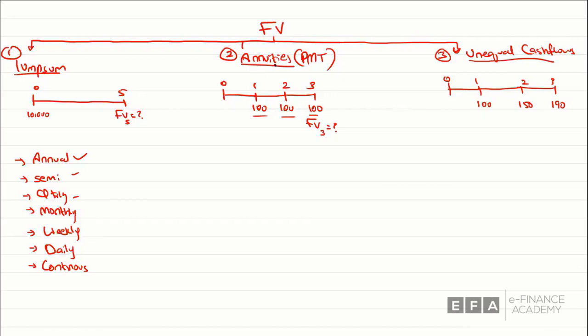So how can we define annuity? Well, in simple words, it's an equal amount of payment, or if you want to consider it as an investment, you could say it's an equal amount of investment that is invested each period. I'm not saying each year, I'm saying each period. So I could be investing $100 each quarter or each month or each year for a certain number of periods.